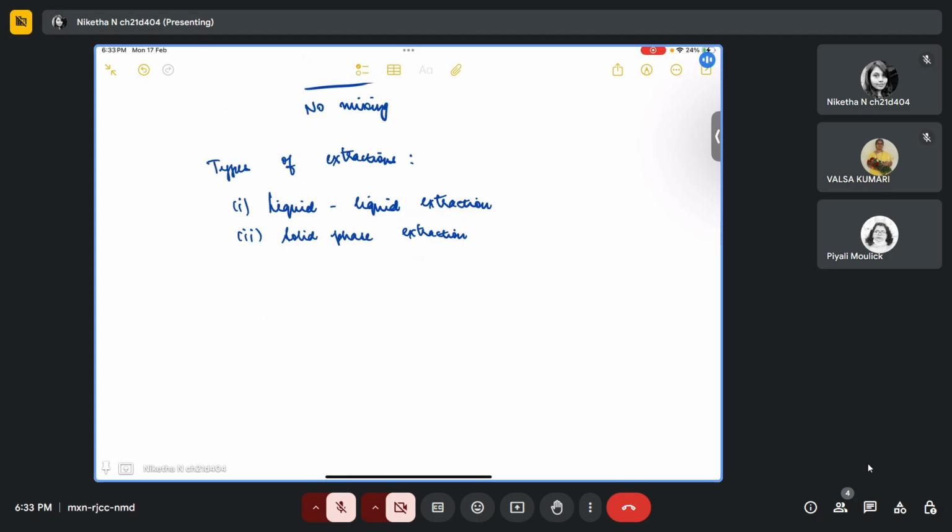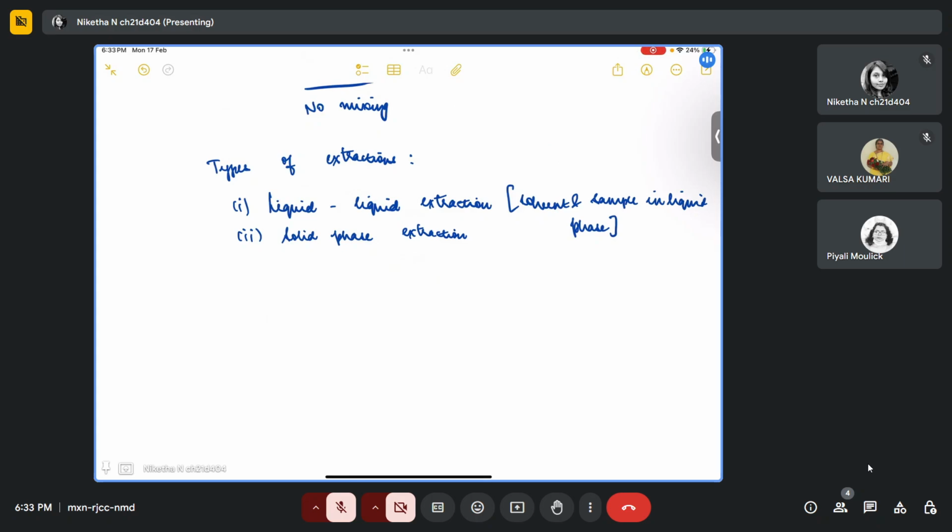So when that happens, all of this will be transferred to the solvent, and since both the solvent and sample are in liquid phase, and we are directly extracting the chemical using a liquid from another liquid, then it is called liquid extraction.